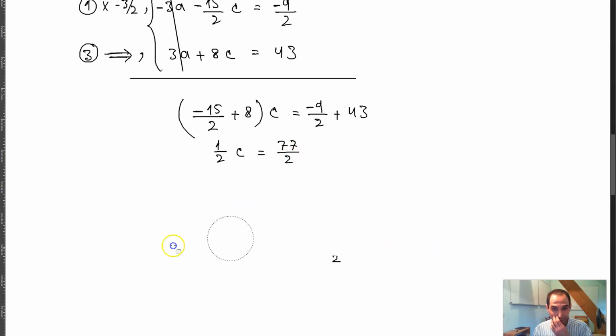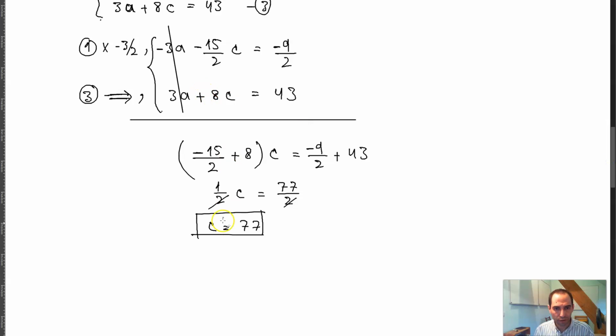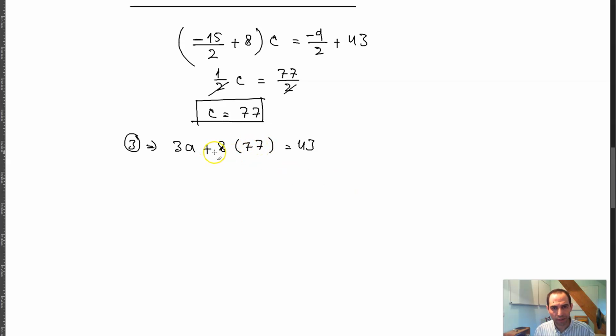If I cancel these two out, c is equal to 77. Now that is actually the right answer; the first time I didn't get the right answer. Now, if I use any of these equations, for example number 3, I can write 3a plus 8 times 77 is equal to 43, and 77 times 8 is equal to 56.